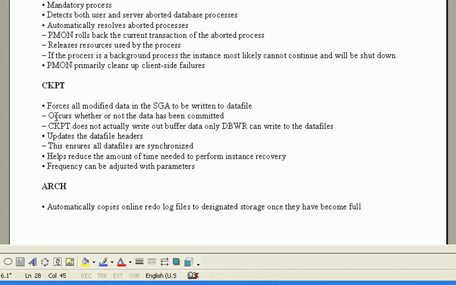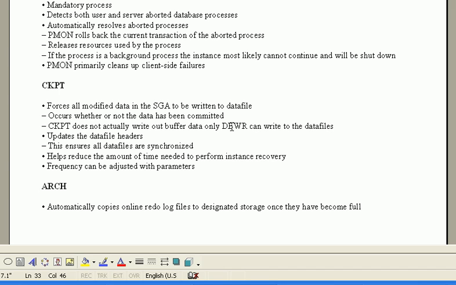The next is CKPT, that is checkpoint. It forces all modified data in the SGA to be returned to the data files. That is, it occurs whether or not the data has been committed. Checkpoint does not actually write out buffer data only; DBWR can write to the data files.